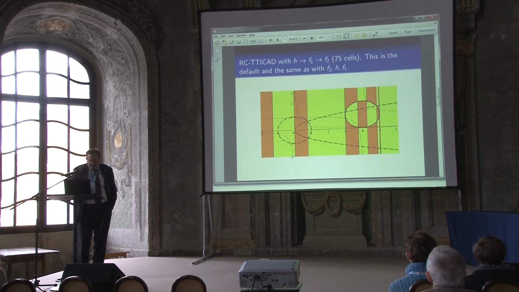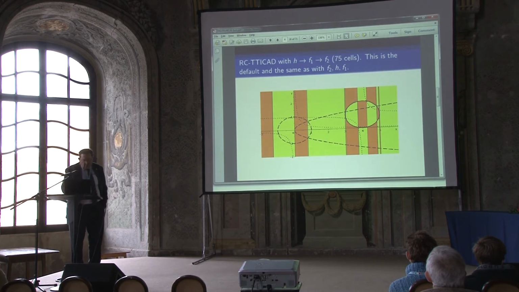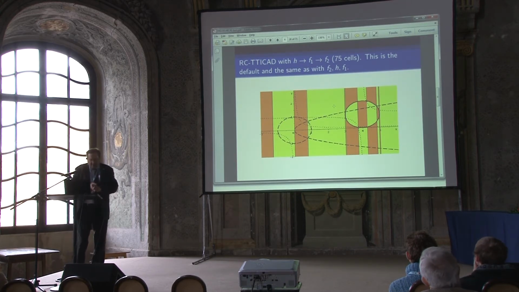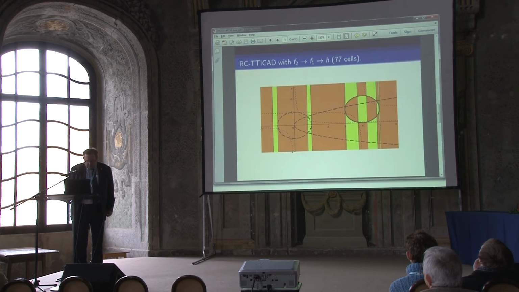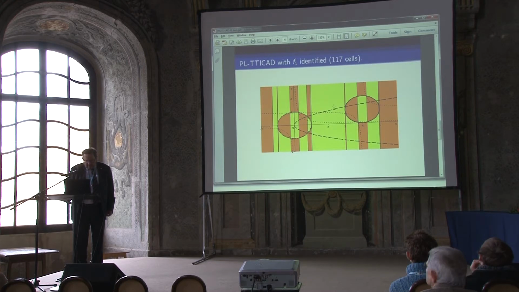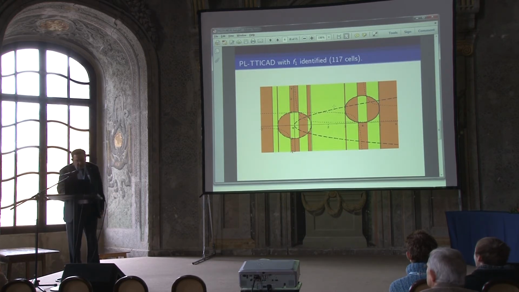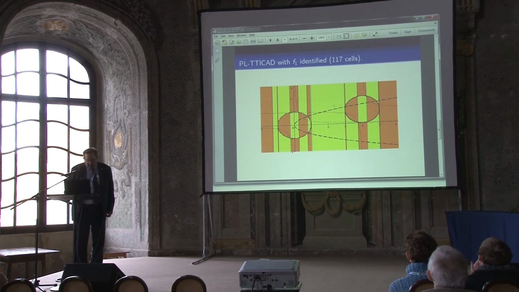If we take H, F1, F2, we get 75 cells. You can see that it's slightly more patchy. I'm not asking you to count them. In fact, that's what you get if you push this straight into the software as described earlier. Slightly different variant, and then a couple more. If you say I just want F1, you get 117 cells.